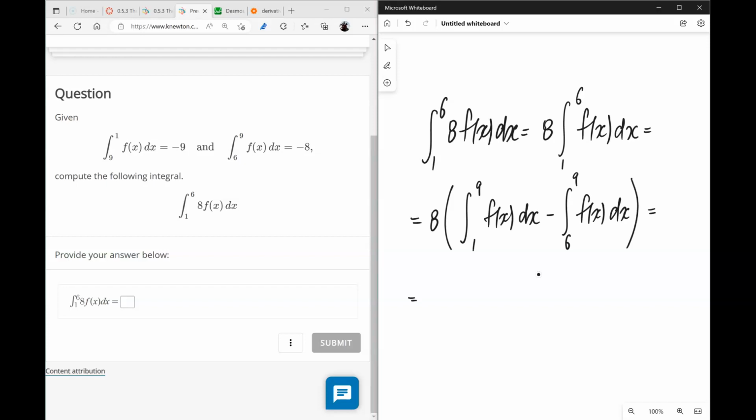And finally, the integral from 1 to 9 is just the opposite of integral from 9 to 1.